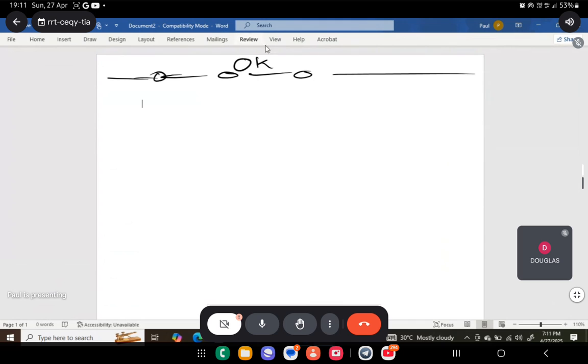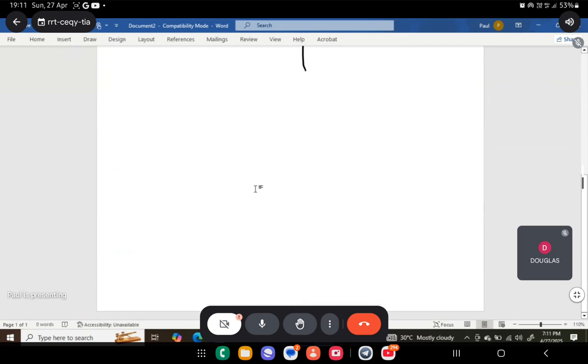So let me do the workings first, because when I do the workings, it makes the work easy.